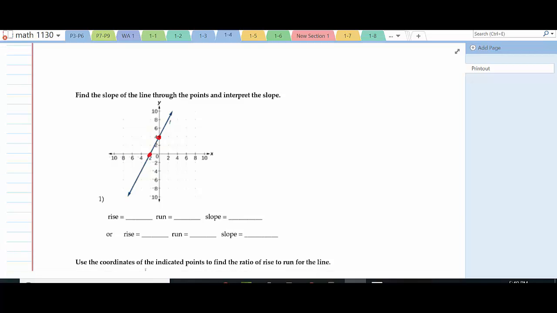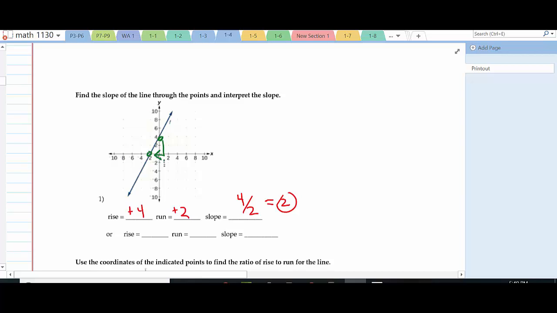Now I want to show you the consistency of this. If you counted it this way, you would be going up and over, so the rise would be positive 4, the run would be positive 2, and the slope is rise over run, so that's a slope of 2. That's how steep that line is. What if we did it the other way? It's good to be consistent on this. What if I went down and to the left? I can also do that.